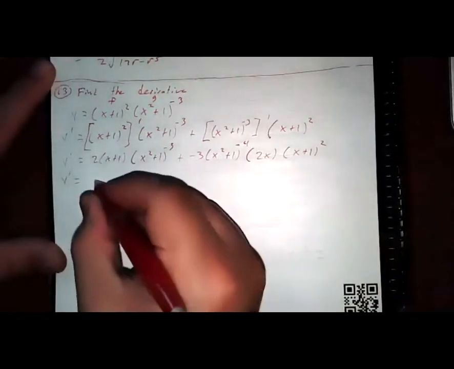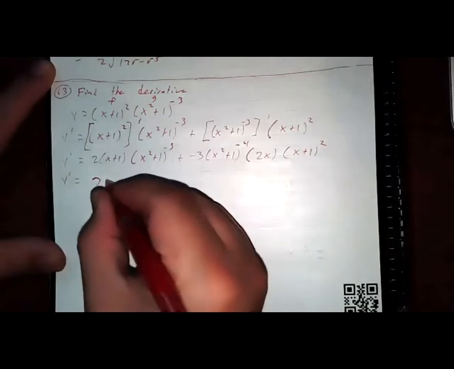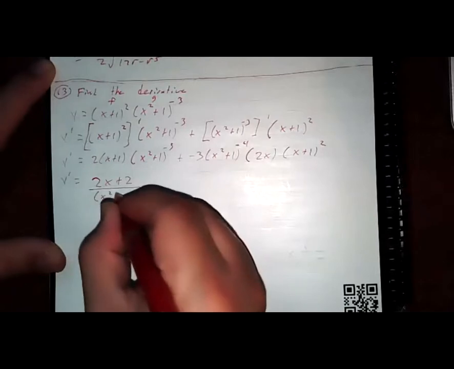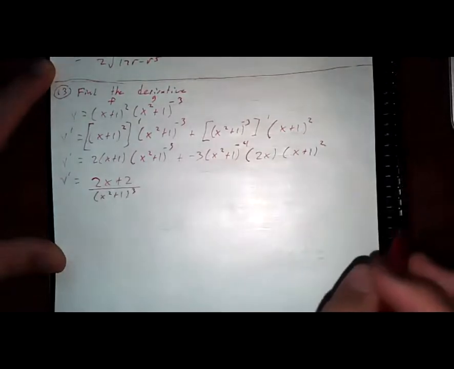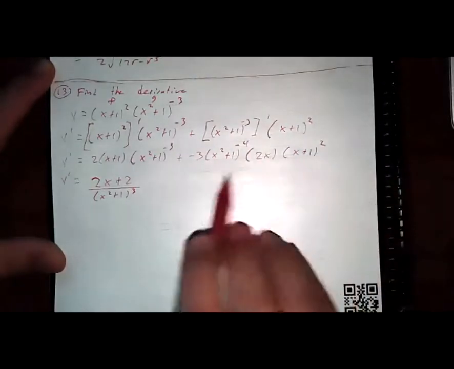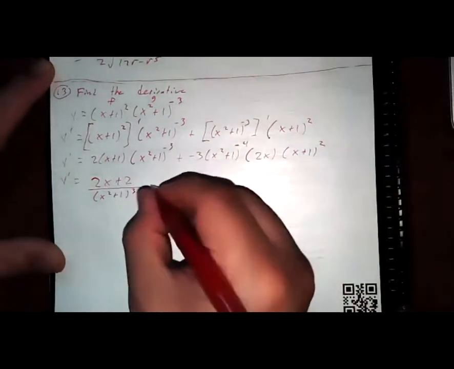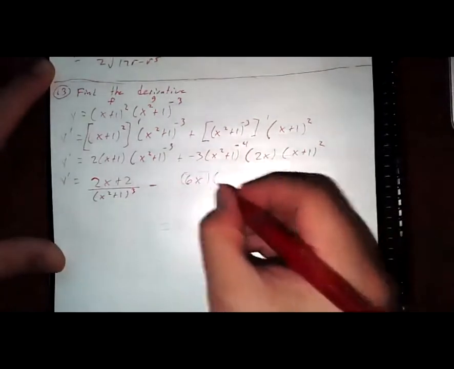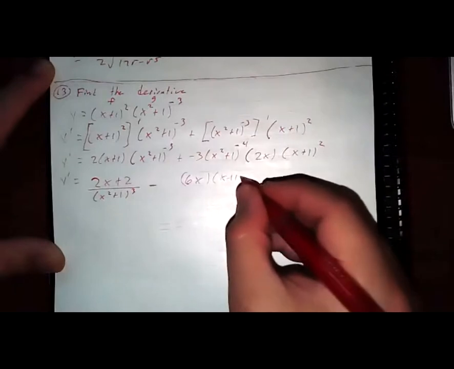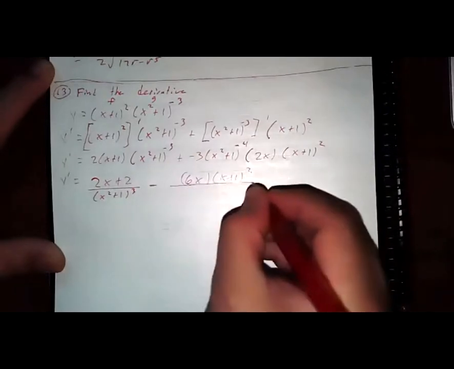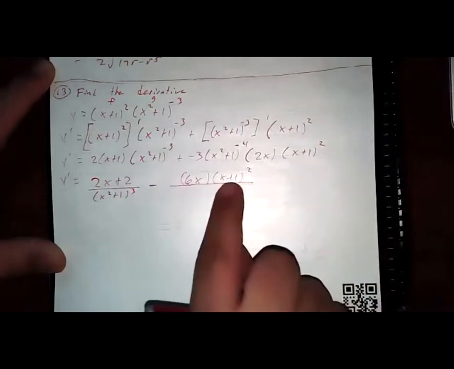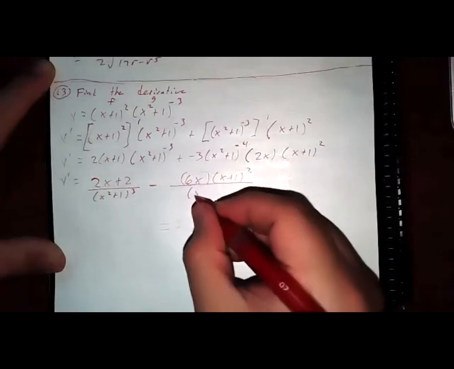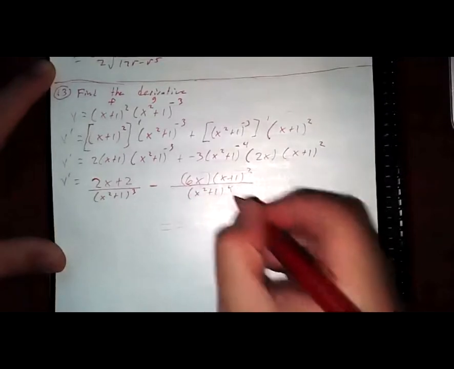All right, so distribute the 2, and it'd be 2x plus 2 over x squared plus 1 cubed. -3 times 2x is -6x, right? Times x plus 1 squared. So combine these two terms and put that up right next to it. The negative will have to go to the bottom, which will give us x squared plus 1 to the 4th.